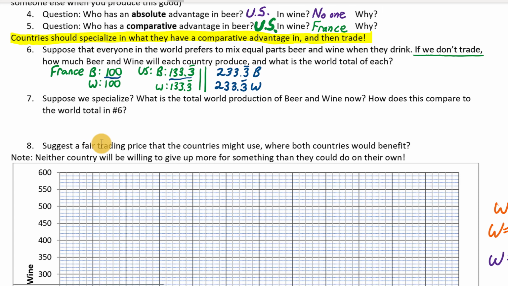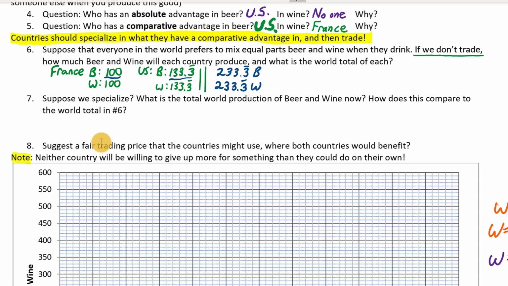We want to see if these 2 countries traded, one sent a ship over with beer, how much wine could they rightly expect in return? Now, when we figure out this price that they would be willing to trade, we have another constraint. And all these little constraints make this a little more complicated to figure out the right answer, although there are going to be several right answers we could come up with here.